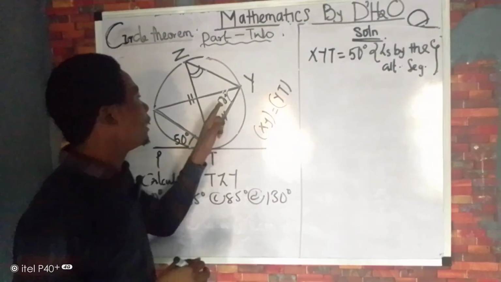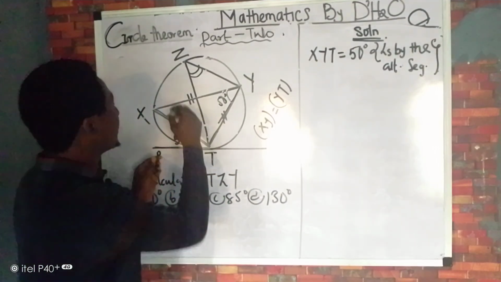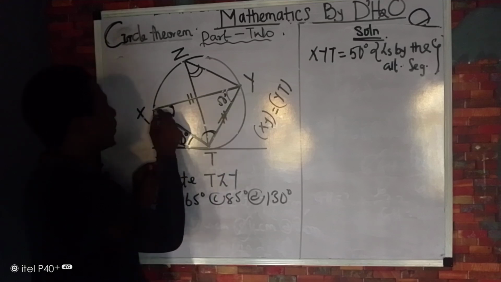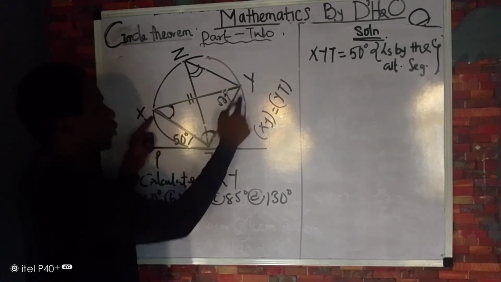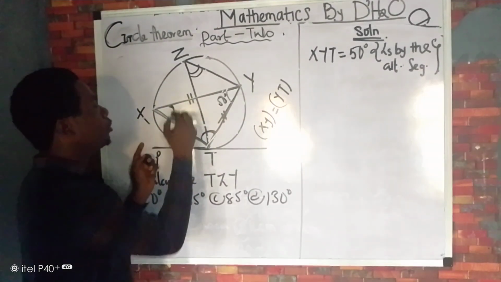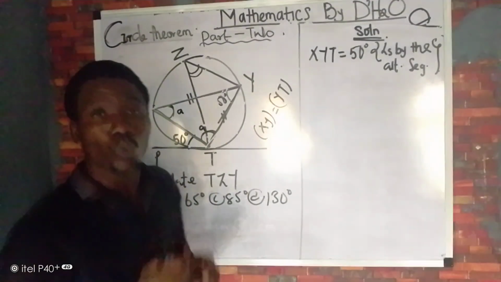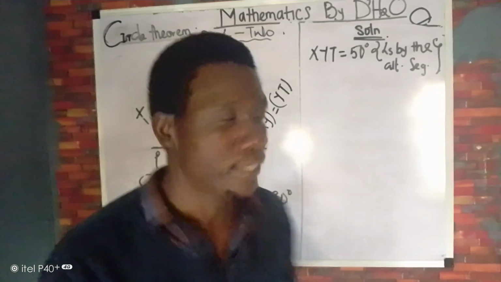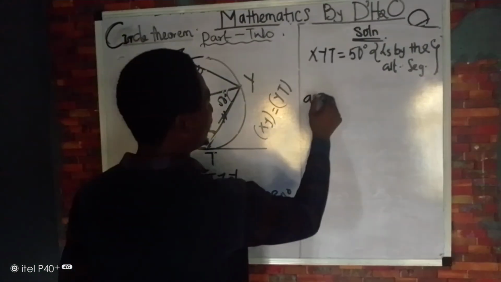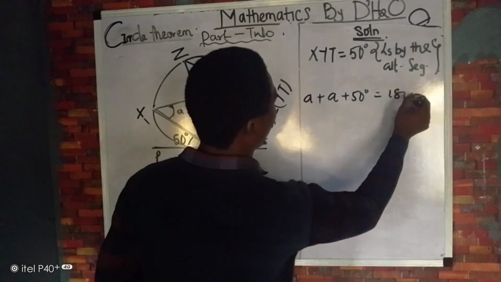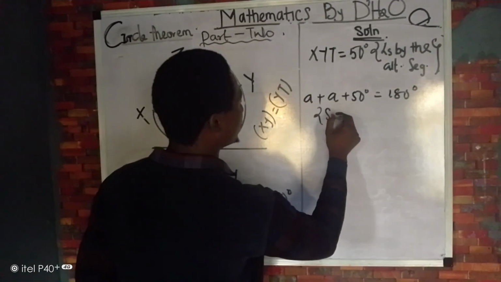So if here is 50 degrees, how do we get the angle here and the angle here? Remember that this is a triangle and these two angles are equal. Permit me to label them as A and A. So A plus A plus 50 will give us 180. What is your reason?